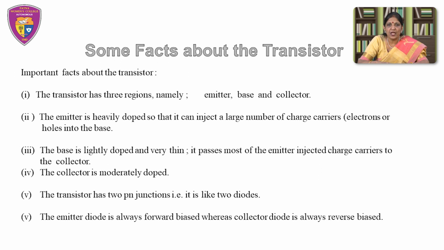Fourth, the emitter diode is always forward biased, whereas collector diode is always reverse biased. Fifth, the resistance of emitter diode, that is forward biased, is very small as compared to collector diode, that is reverse biased. Therefore, forward bias applied to the emitter diode is generally very small, whereas reverse bias on the collector diode is much higher.